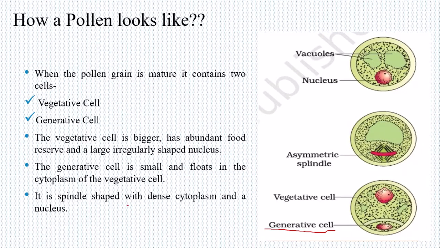It is spindle shaped, with dense cytoplasm and a prominent nucleus, as it will divide into two gametes and so act as a gamete. For acting as a gamete, it is very important that it has proper cytoplasm and a proper nucleus.